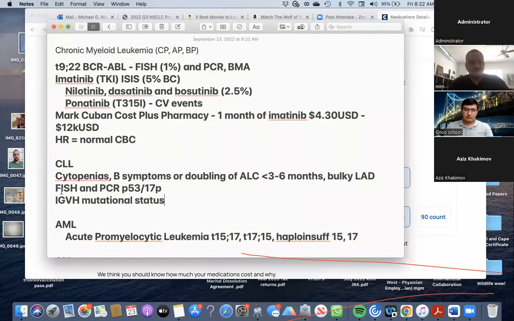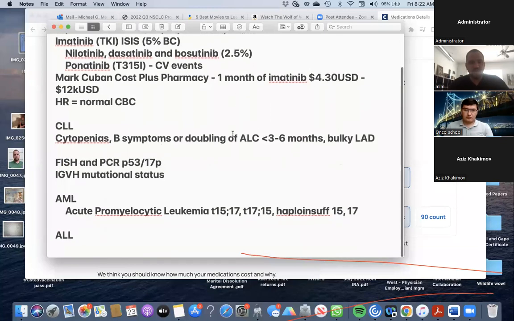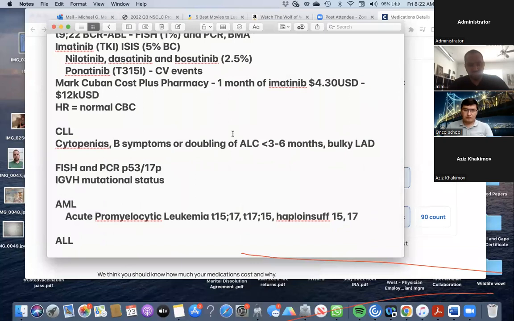Knowing just those two pieces of information in a symptomatic patient, you can know how to treat them the most efficiently. One other thing about CLL is this can change over time, whereas this cannot. So this needs to be repeated in general whenever you're thinking about changing treatment in someone.